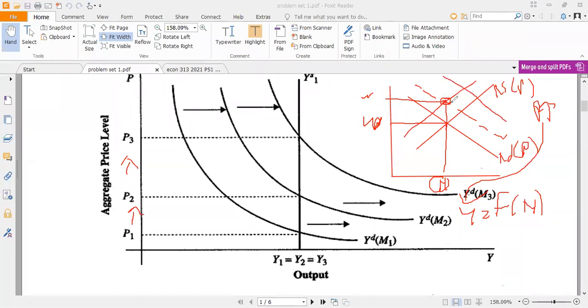Demand will increase, the labor supply will decrease, but still N will be constant. So if you keep on increasing price, there will be no change in Y. That is why the AS curve is vertical. I hope you understand.